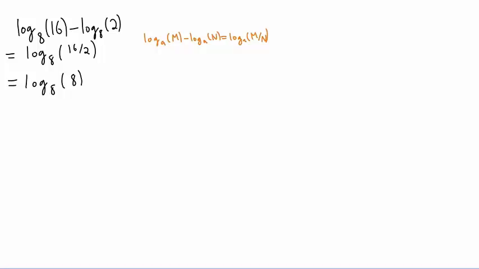And the rule, the log base a of a, the rule said that that was equal to 1. So the original expression evaluates to 1.